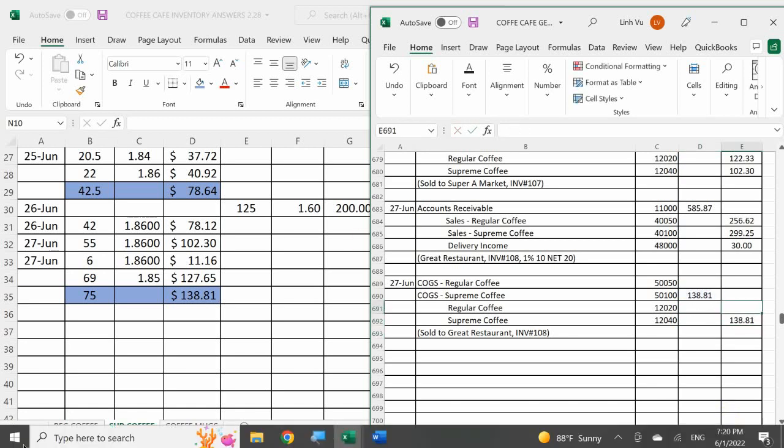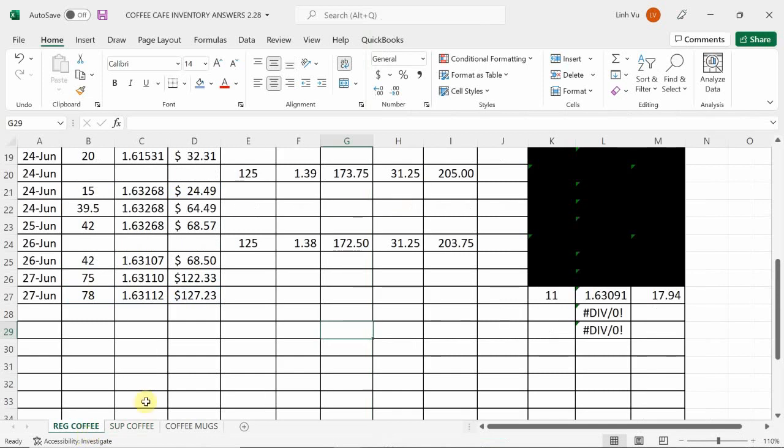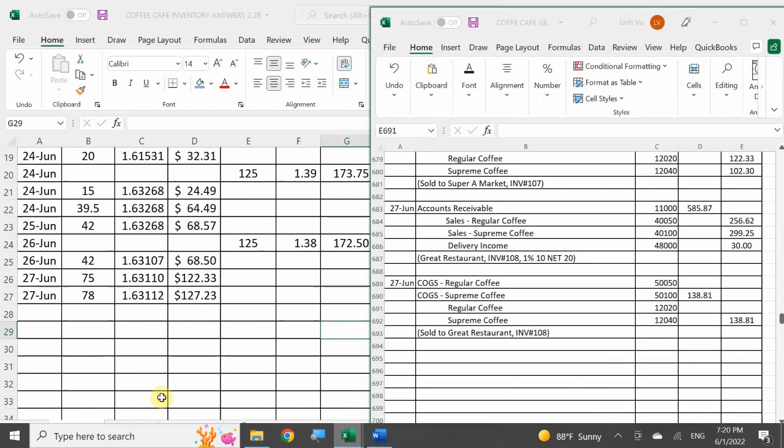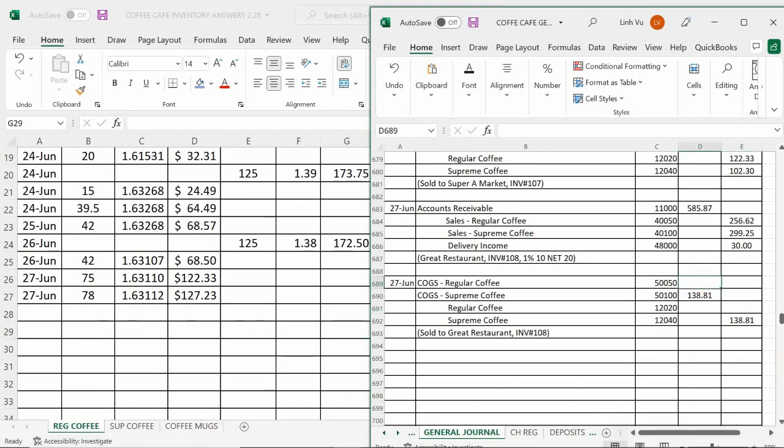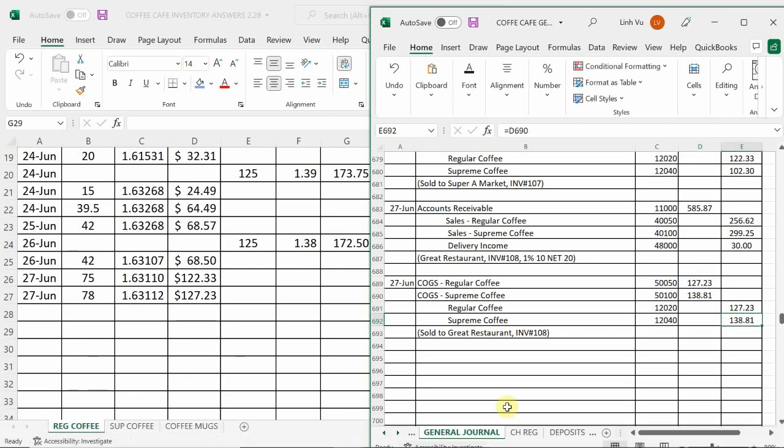And then my regular coffee, I sold 127.23. Okay. And I sold to Great Restaurant with invoice number 108.